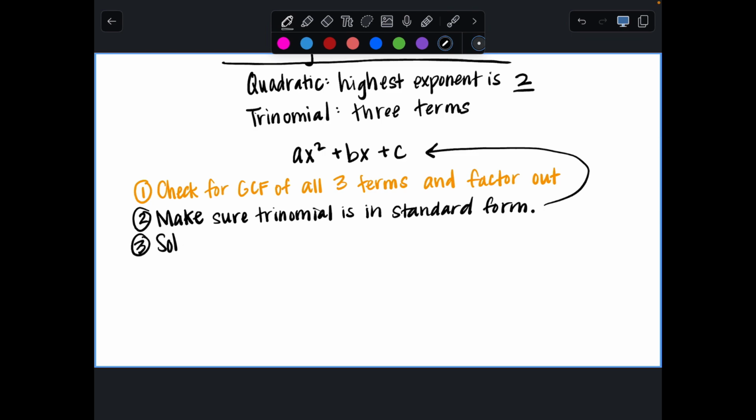Then solve the x puzzle. And in your warm-up, you were solving x puzzles.